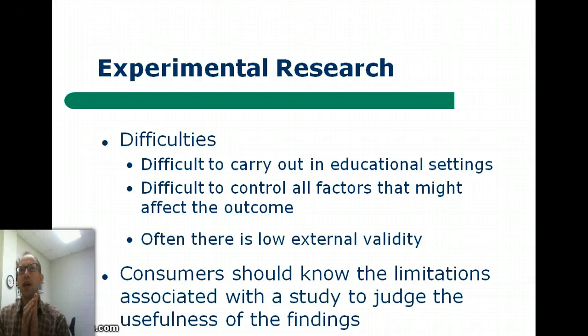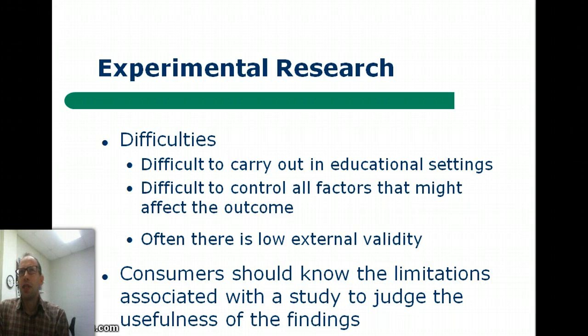So to randomly assign them to classes where one will get a certain type of treatment and one will get another type of treatment, you would quickly raise parental concerns. And if you're a parent, you would probably be concerned also with your student. So it can be very difficult. It's occasionally done if we don't really know if a treatment is very effective, if there's an easy way to randomly assign, but you won't see it a lot.